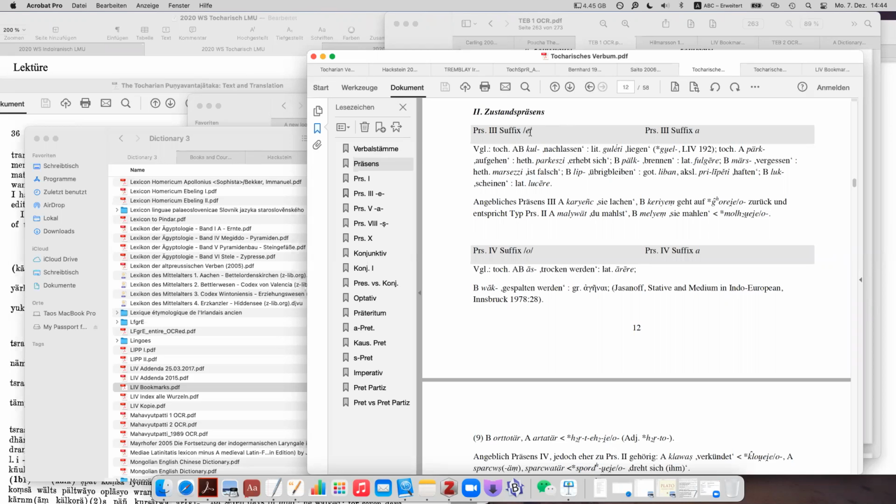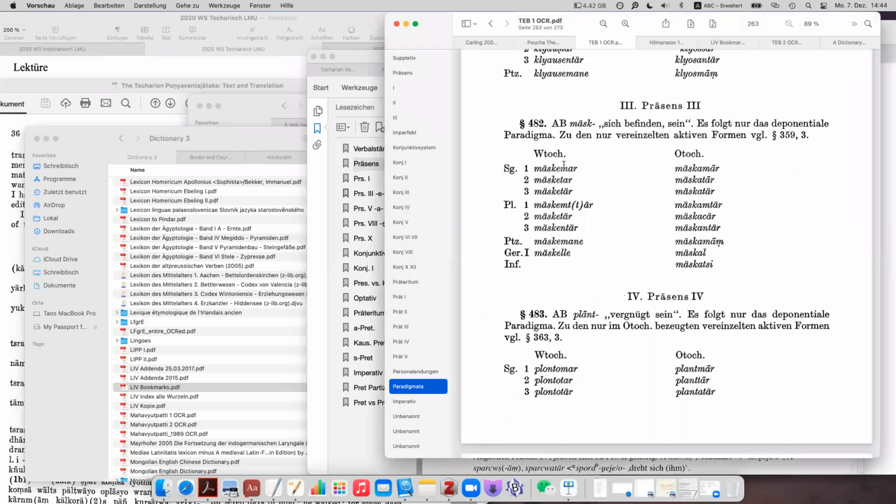For Tocharian B, it's an a suffix. For Tocharian A, it's an r suffix. So you have it here. For the same root musk, you have muskema in B, but in Tocharian A, you have muskamar. So r here, but a here.